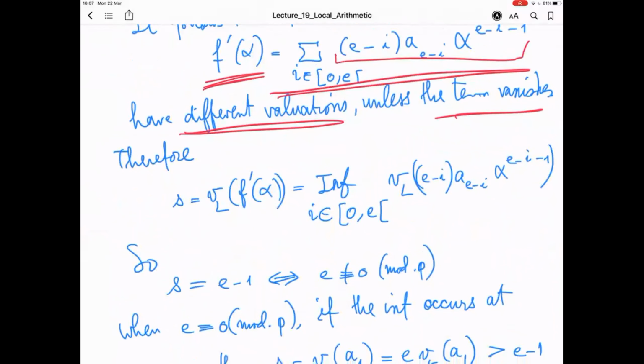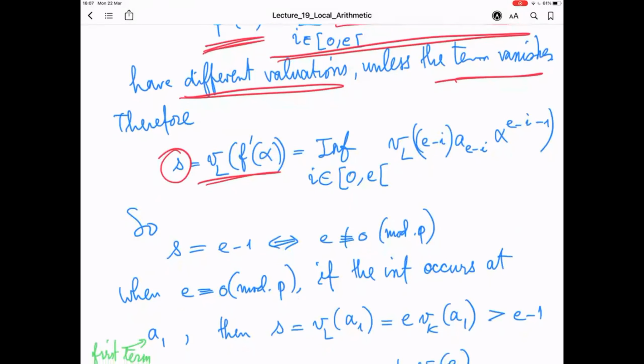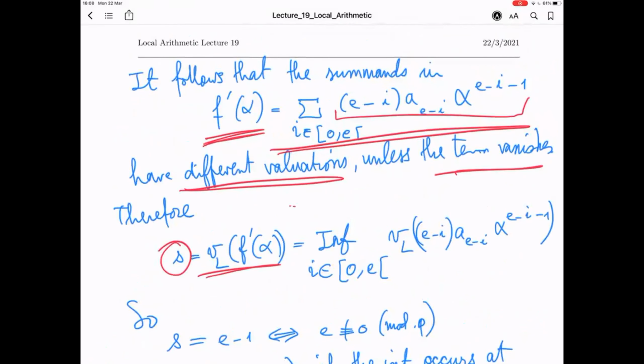And now if I want to compute the valuation of f prime of alpha, that is the exponent of the different s, then if I have a sum of things, each of which has valuation different from the others, then the valuation of the sum is actually the infimum of the valuations, right? It's the infimum of the valuations.